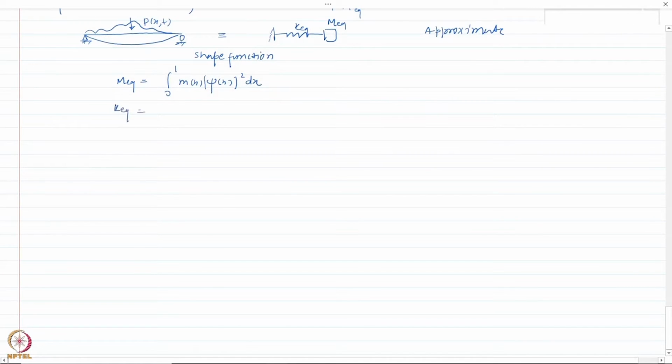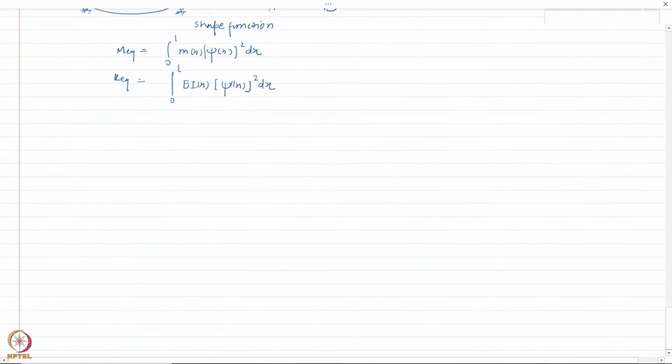Similarly, the K equivalent expression we derived as EI(x), which is the flexural rigidity, times the double differentiation of the shape function, this squared, integrated again over the whole length. And then we also defined the expression for L equivalent, which is nothing but the integral from 0 to L of m(x) phi(x) dx.